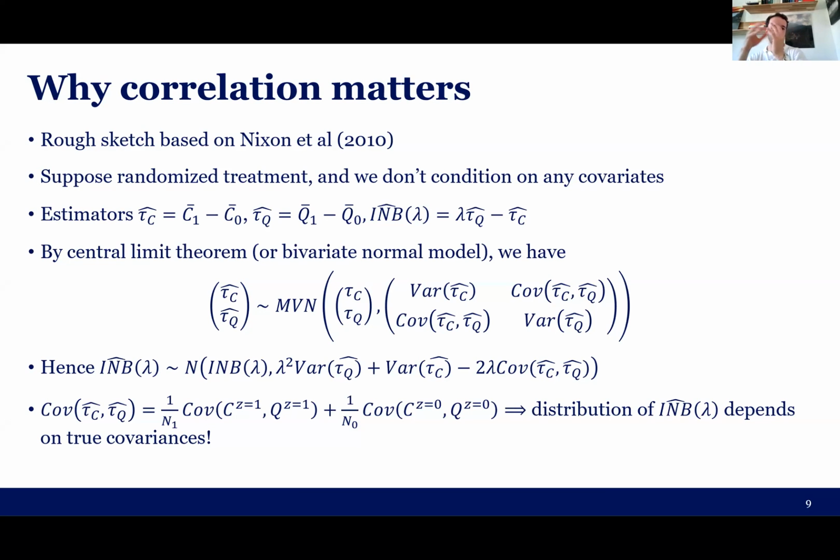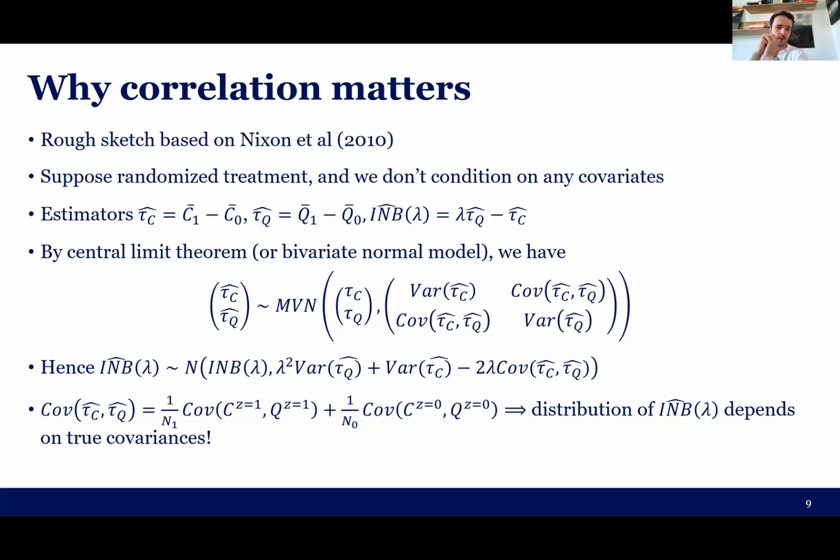That's all well and good, but the important thing is that the distribution of that incremental net benefit estimator depends on the covariance between the two estimators for the treatment effect on costs and the treatment effect on qualies. This is all derived in the paper by Nixon here. I'll just present the results.